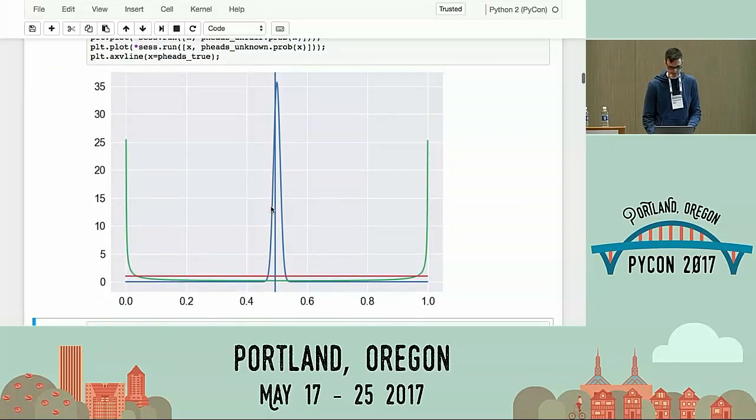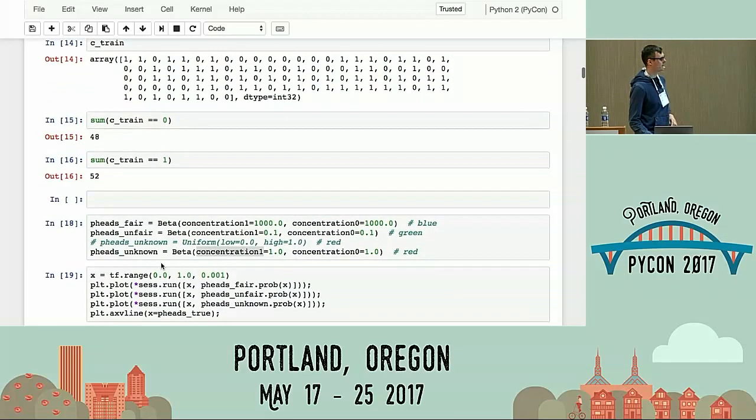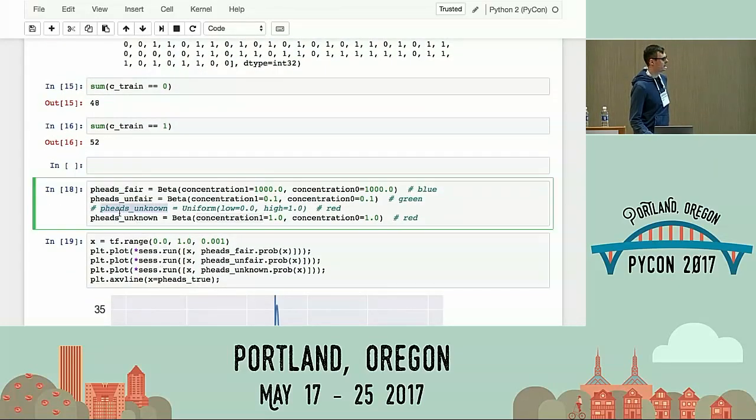It looks like this. We've already seen one curve of those, the red one, which was this uniform distribution. But you may have noticed that there was a line that I commented out. That line would have stated that the prior distribution for the fairness of the coin is completely unknown. Instead I use this line here.